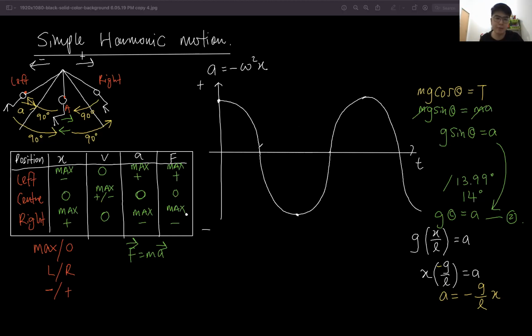It will start from the origin over here. But if I start timing from the extreme, from the amplitude, when it is lifted, then you get a cosine graph. Now, the maximum displacement measured from the equilibrium position, we call the amplitude, right?